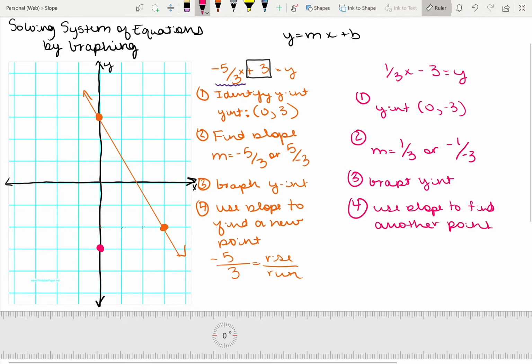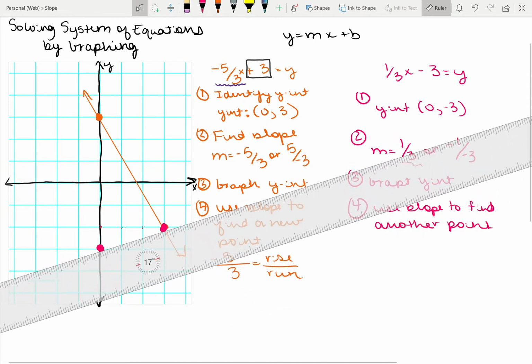I'm going to use the first original slope here, which is +1 over +3. So I rise 1 and run 1, 2, 3. And guess what? I land right on this point here of the other line.